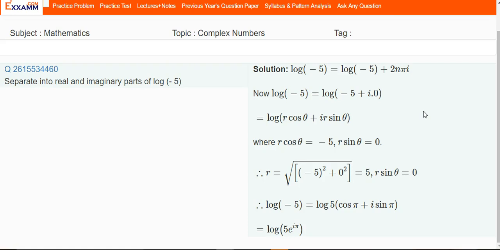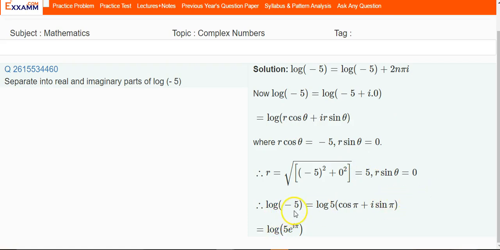And i can be written as e to the power i pi by 2. Minus 1 can be written as e to the power i pi, and similarly minus i can be written as e to the power i 3 pi by 2. So these values we should remember and straight away write. We should not get into this kind of calculation.